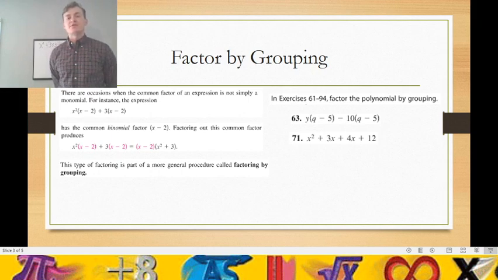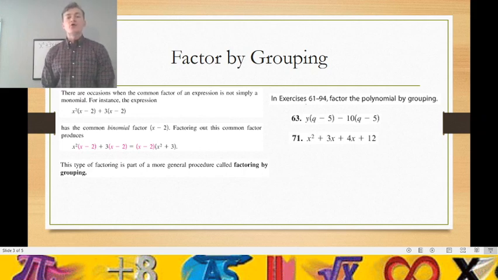Looking at the numbers, for x squared, we have the coefficient 1. For our last terms, 3, 4, and 12, if you look at the coefficients of 1, 3, 4, and 12, because the number 1 is involved, the greatest common factor is simply 1. That does not help factor out our 4-termed polynomial. So what we want to do here is consider our factoring by grouping.